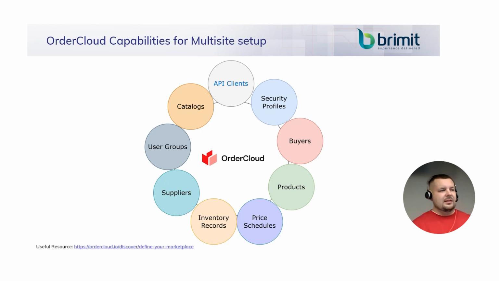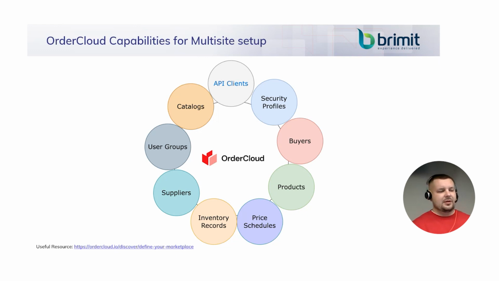It provides client secrets like entry points for marketplaces. API clients represent storefronts. For API clients, it is possible to configure different security profiles where you can manage different security options, access rights, and so on.